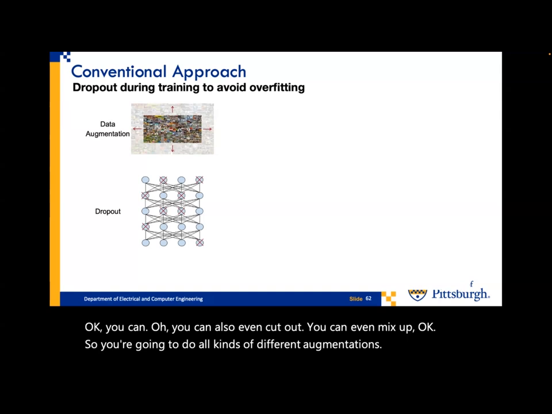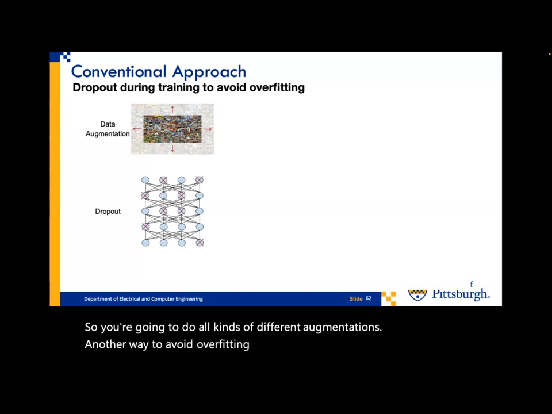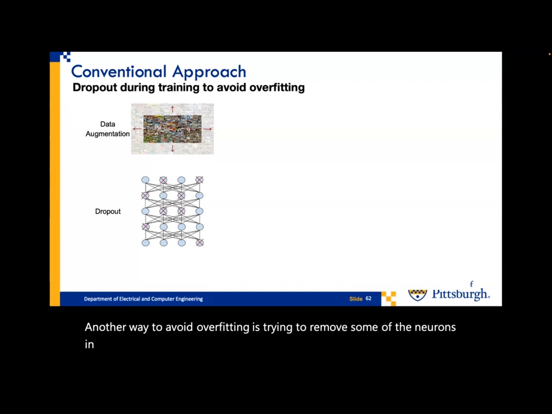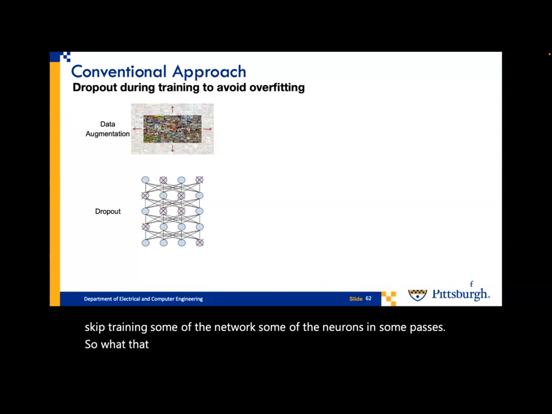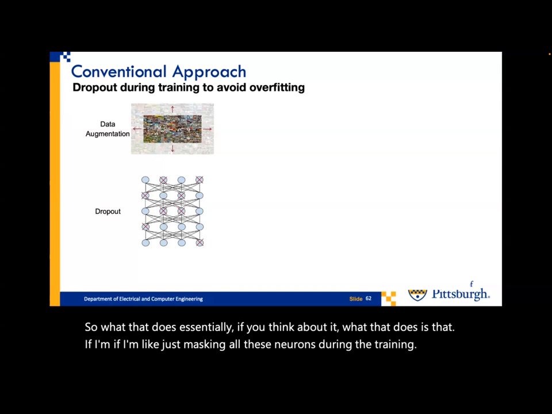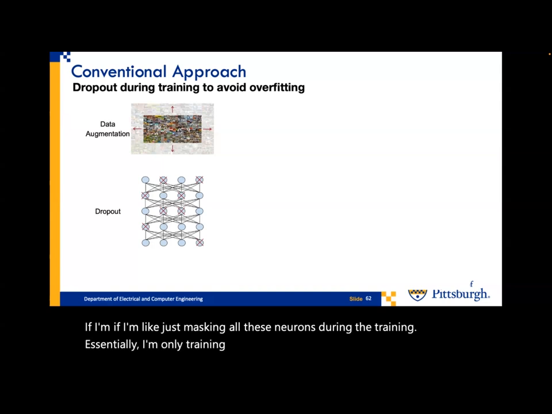Another way to avoid overfitting is to remove some of the neurons in the network. When you are training the network, you skip training some of the neurons in some passes. If you think about it, I'm masking these neurons during training, so essentially I'm only training a subnetwork of the whole network.